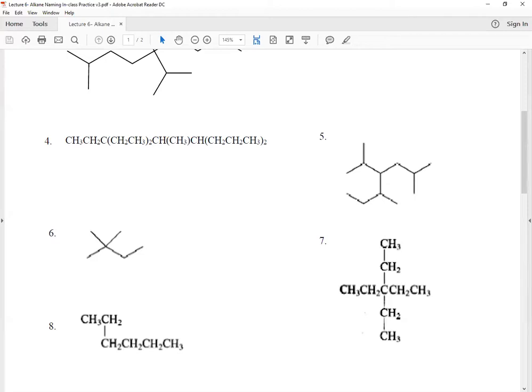So let's count. 1, 2, 3, 4, 5, 6, 7, 8. 1, 2, 3, 4, 5, 6, 7, 8. Either way you go, you're going to get 8. Even though that's in parentheses, it can still be part of the chain, because this parentheses is telling you that that's on this carbon.